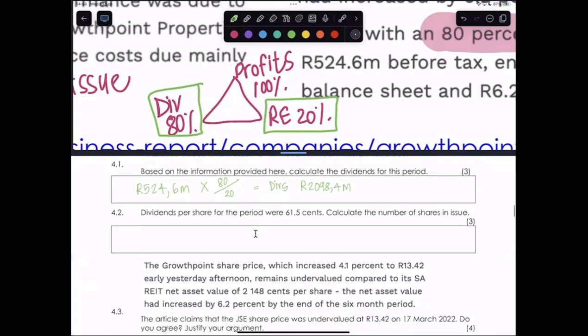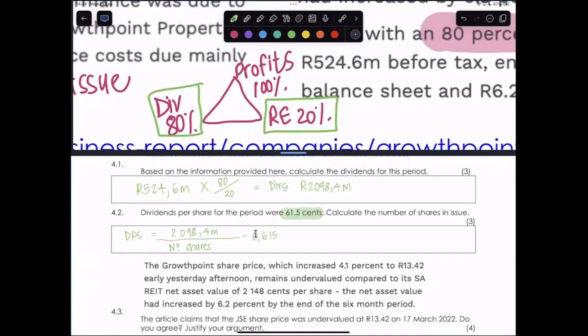From that, we can then go and work out the number of shares if we know that the dividends per share were 61.5 cents. Because remember that the dividends per share equals the actual dividend, the 2098.4 million, divided by the number of shares, which we don't know, and we know that that equals 0.615.